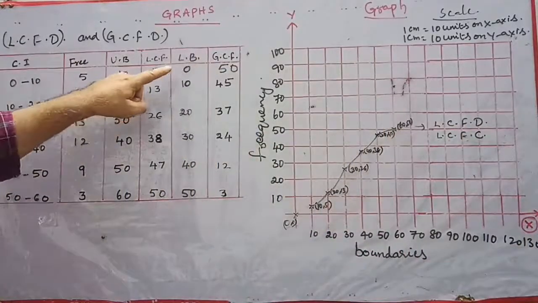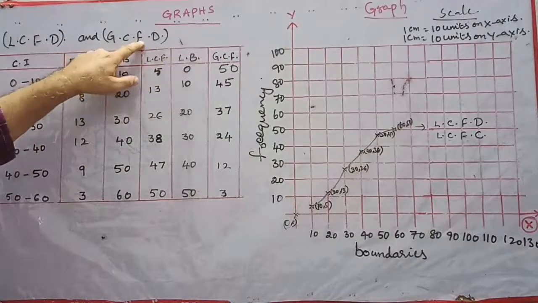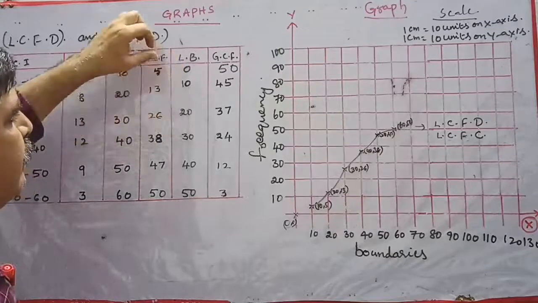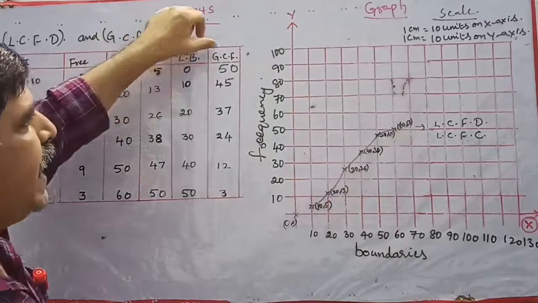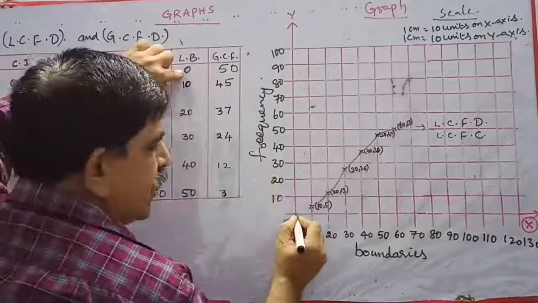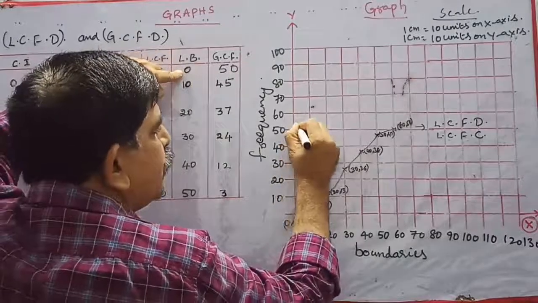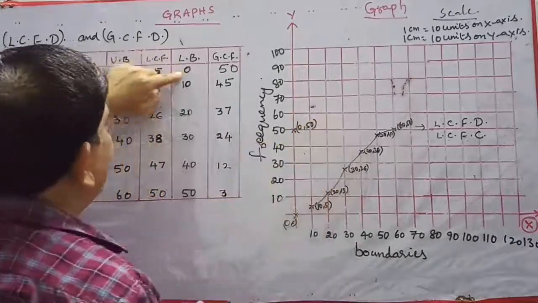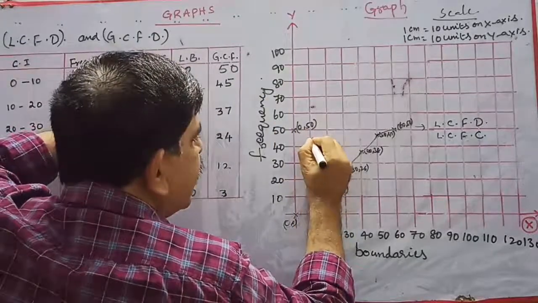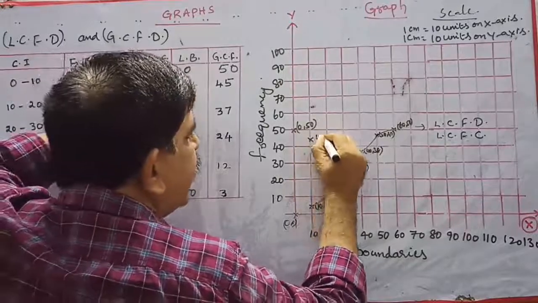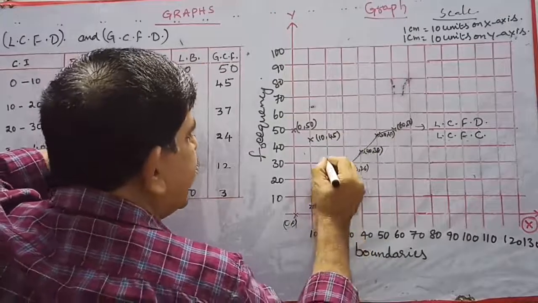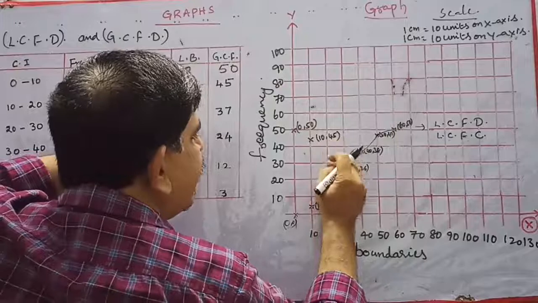Next one, second, GCFC, the greater than cumulative frequency curve. To draw this curve, we take the lower boundaries and greater than cumulative frequency. First 0 comma 50. Next 10, 45, so 45 is in between 40 and 50. 20, 37, which lies between 30 and 40.